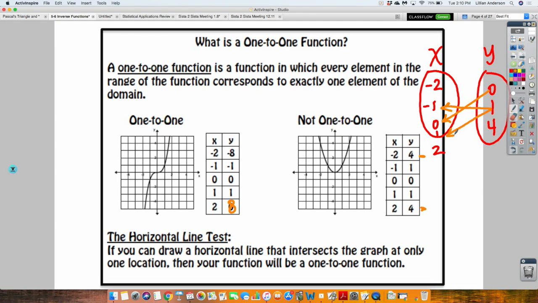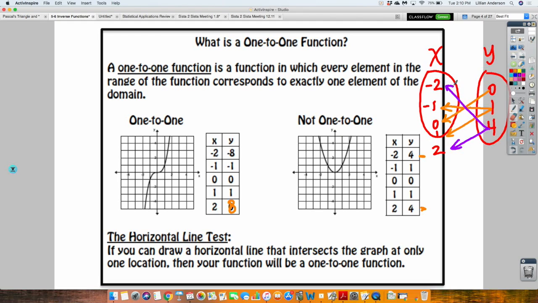Same thing with 4: 4 goes to positive 2 and negative 2. It should not have two arrows from one output value to two different input values. So you can see it from a table, from a mapping diagram, and from a set of points as well, because the table is nothing but a set of points written in a table.